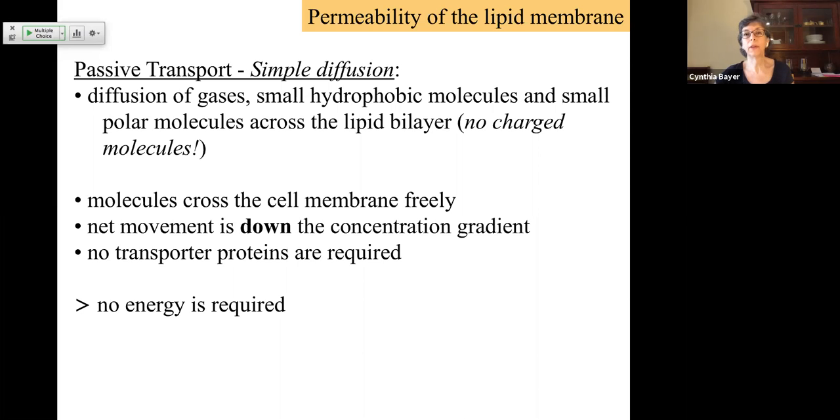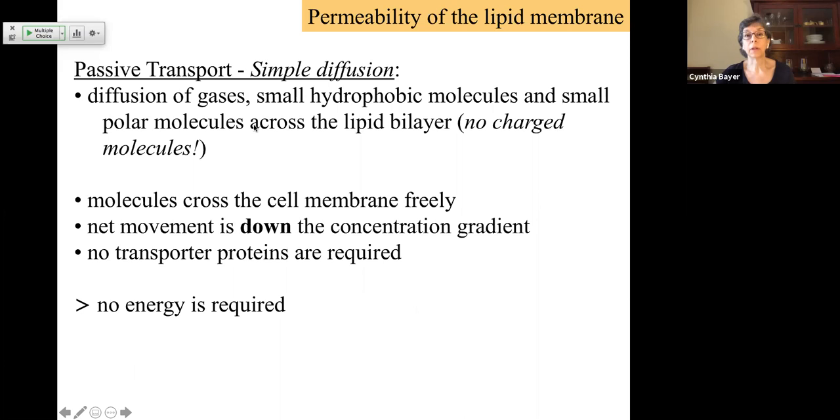Diffusion is the tendency of a solute to essentially fill the space. Because of the constant molecular motion, just by moving around, eventually there would be more solute moving from one side of the membrane to the other side, down its concentration gradient. And again, we call that a spontaneous process.